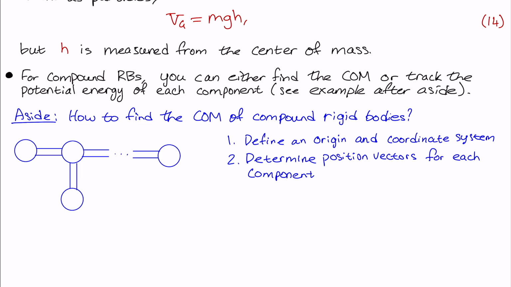So again, we need to do kinematics. We do kinematics of pretty much everything in this class. And then from here, we actually have everything we need, and we can define the center of mass.